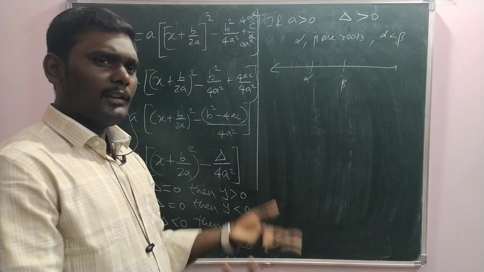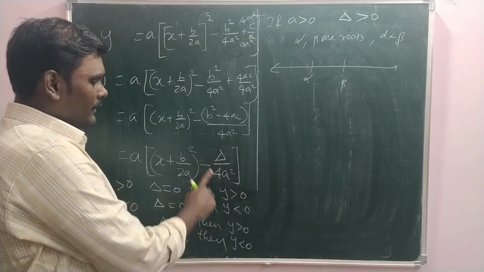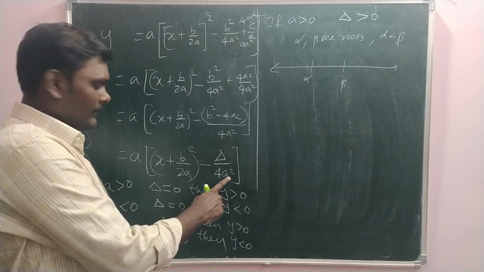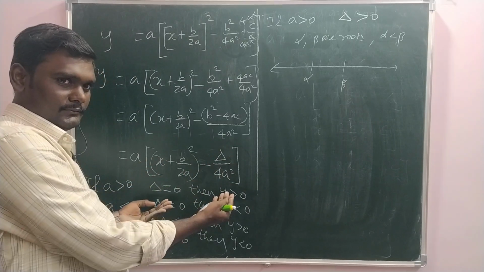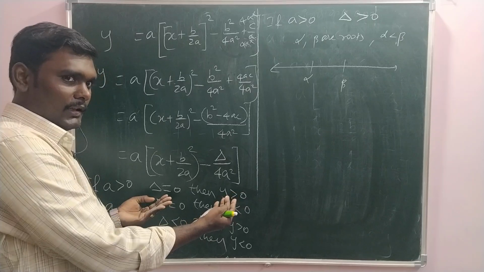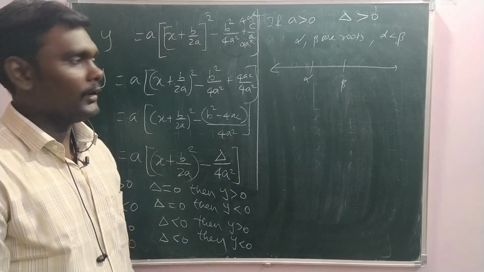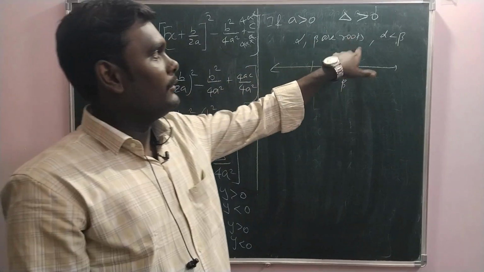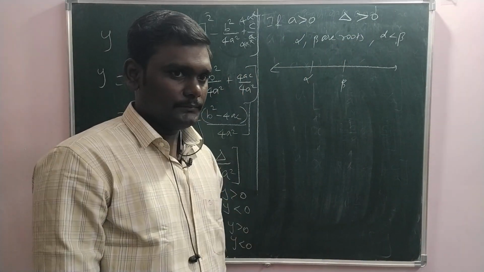Suppose this is greater than 0, meaning this full thing is negative, right? And this one is subtracted from this. We don't know which is greater. Then it might be positive or negative. So we have to check carefully. Okay, so alpha and beta will be the roots. So in these intervals we have to check.